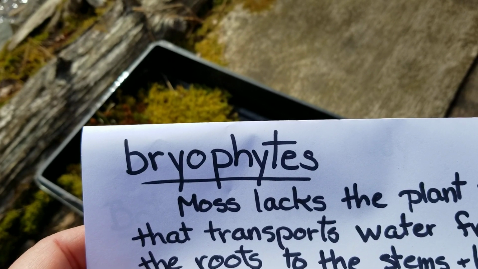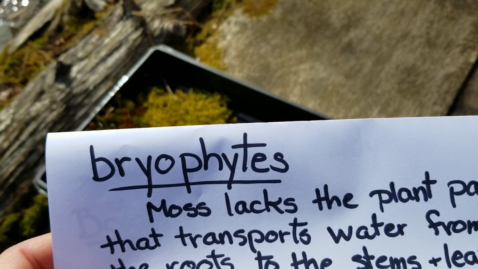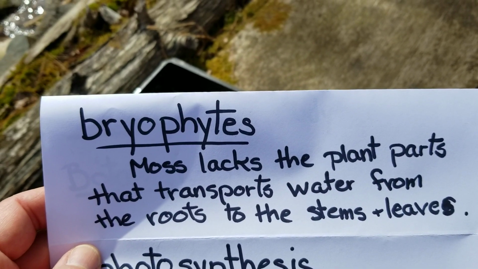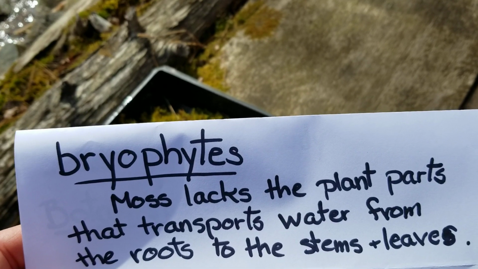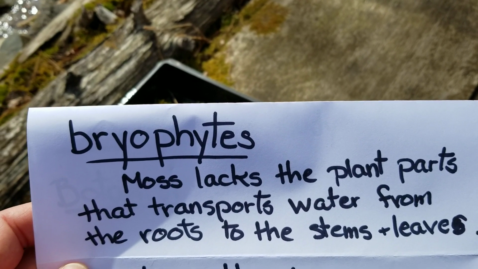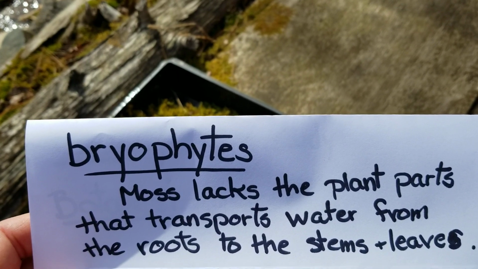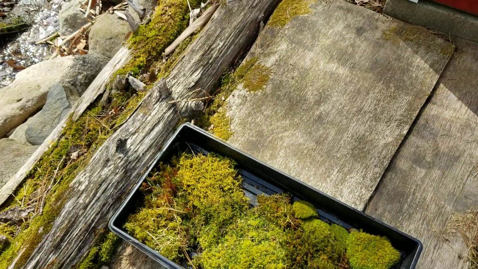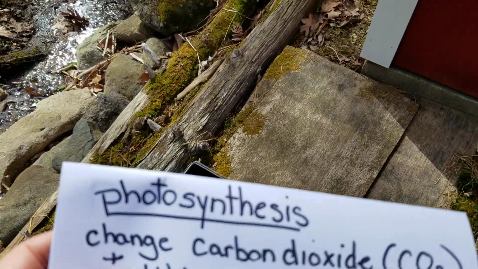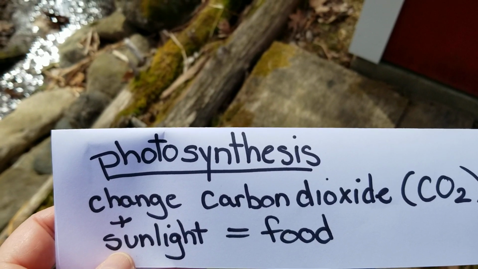Moss are bryophytes. Those are plants that lack the plant parts that transport water from roots to the stems and leaves. That's what regular plants have, but these are simple plants, only through their leaves. And they gain their food, like all plants, with photosynthesis.